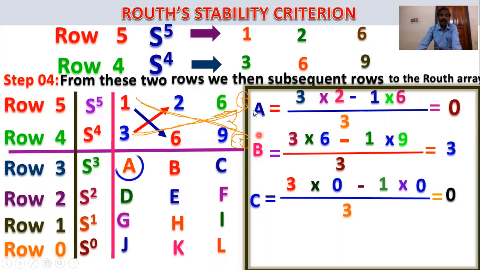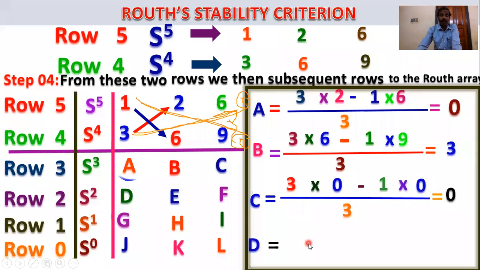So A, B, C are complete. But in this case, the first column, third row, first element, that means A, equals 0. If A equals 0, D is undefined. So this is the special case, case number 1. Why undefined?